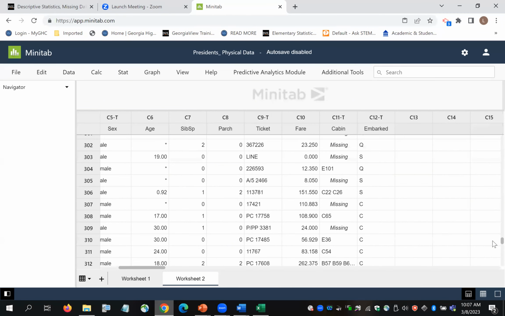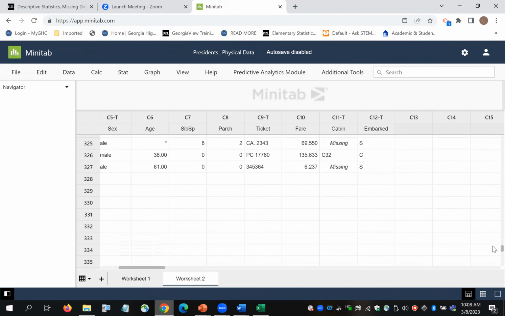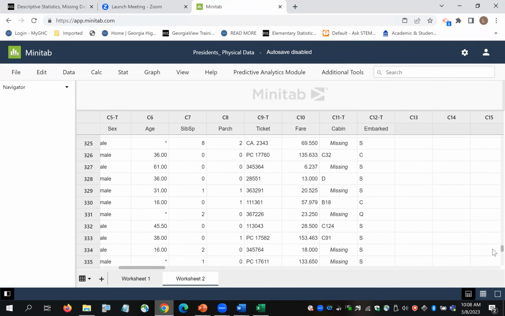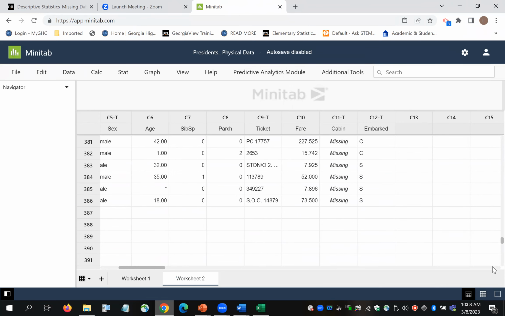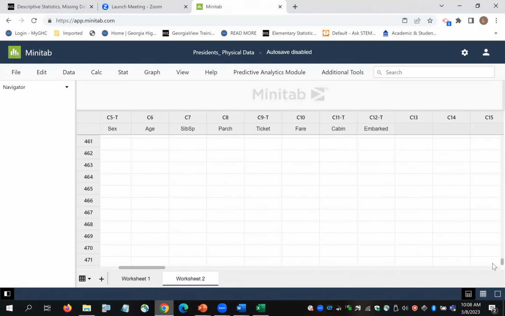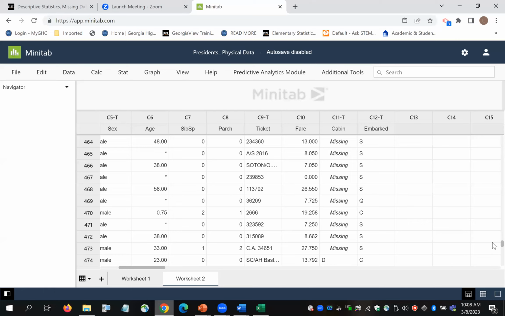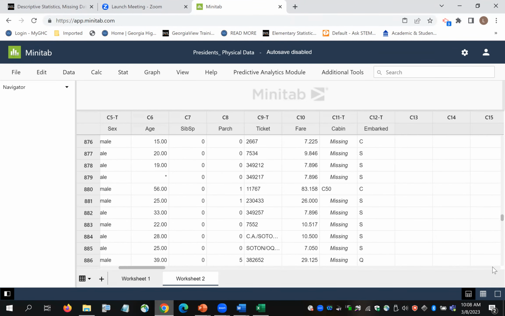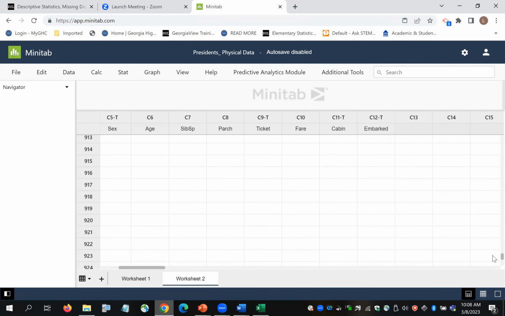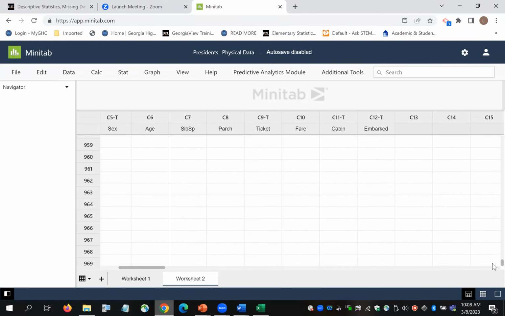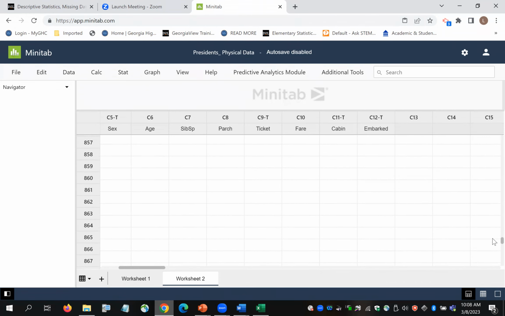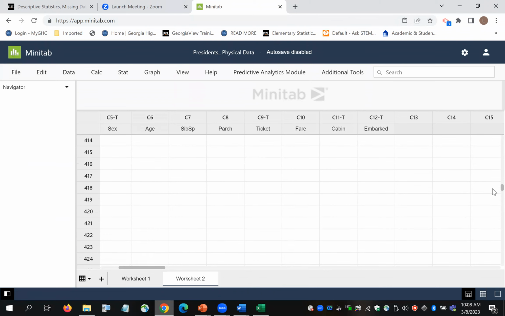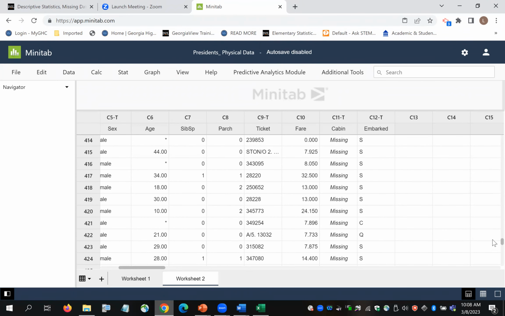I'll show you a better way later, but for now, I can scroll. I think there's about 2,000 of these. Maybe not. It quit populating on me. Oh, did I erase it? Surely not.